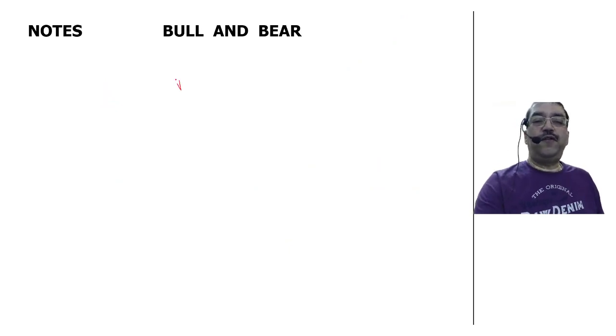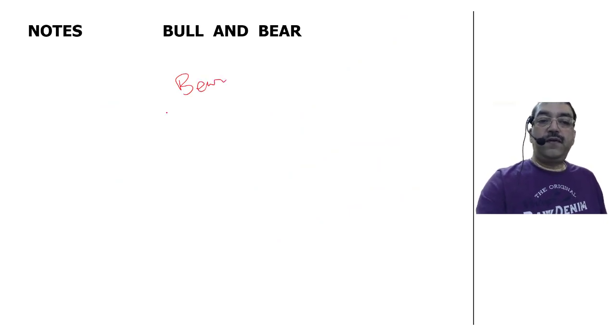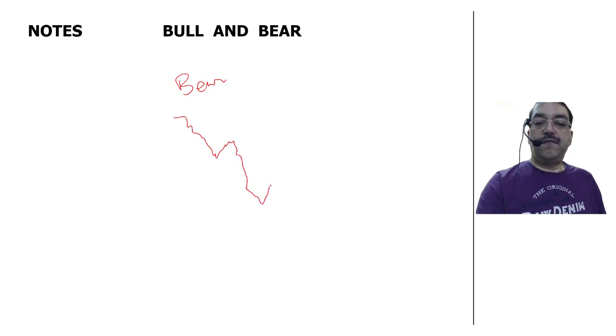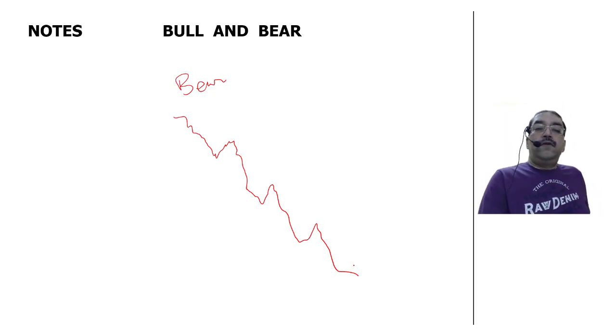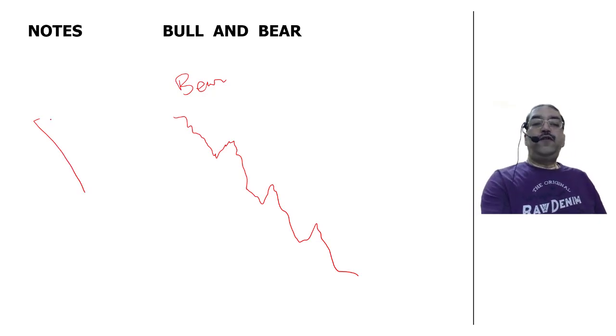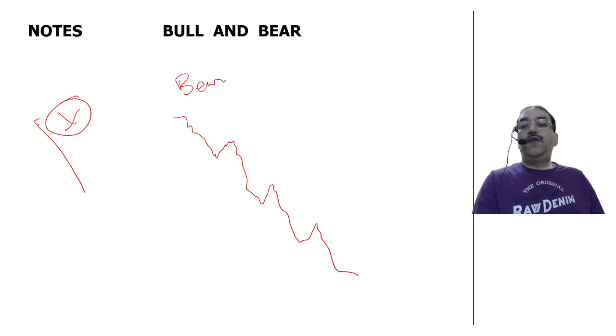Now you know how to draw the figure. Okay, let us see. Bear means what? Bear phase is something like this. This is a bear phase. Is this different from this? Yes, it is different. This figure is wrong. This figure is correct.